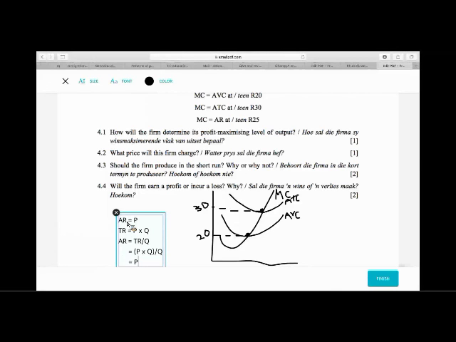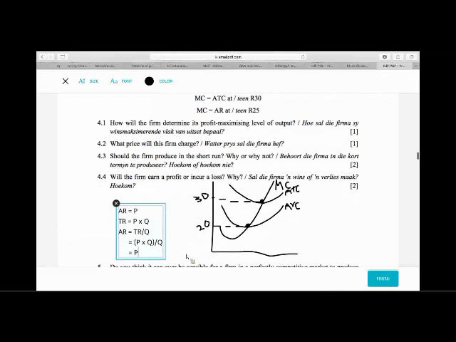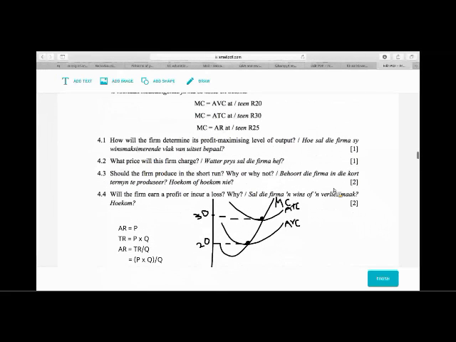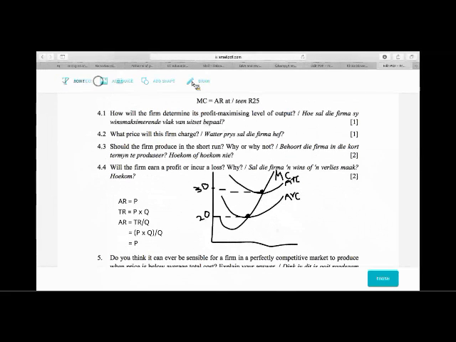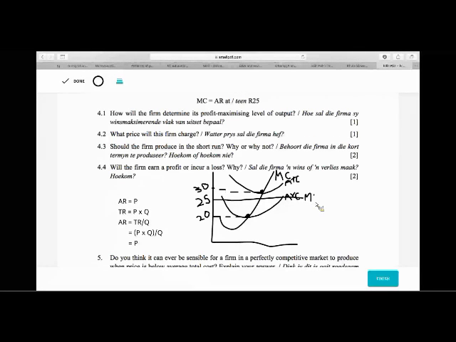So because this is a perfectly competitive firm, that tells me that the firm is currently charging a price of 25 Rand. So 25 is where the marginal revenue is equal to demand. That's the price that has been given to the firm by the market. So that's this information summarized in a picture.